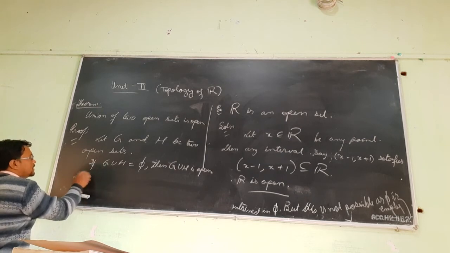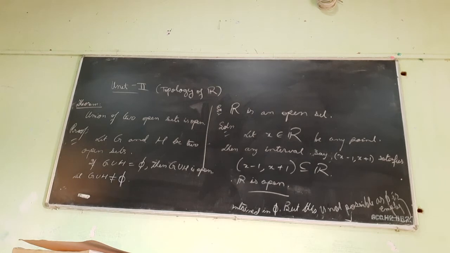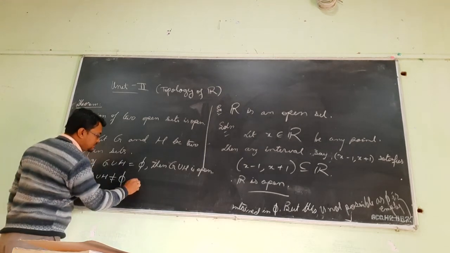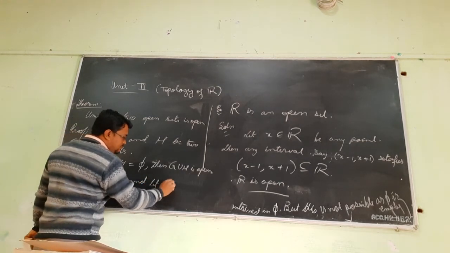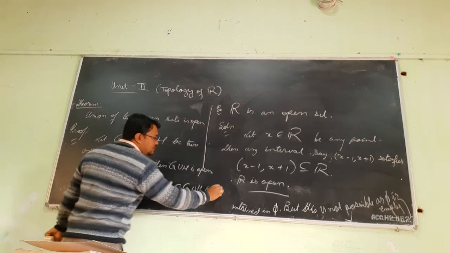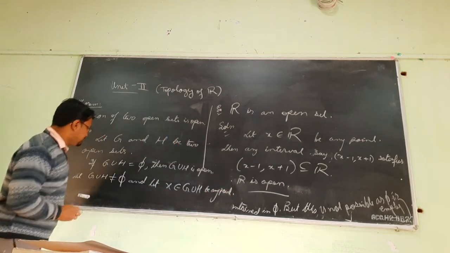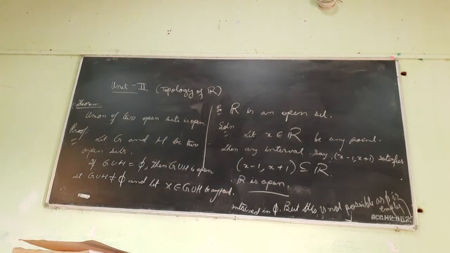So let G union H be non-empty, and let x belong to G union H be any point. What I have to show is that I have to find an open interval containing x which is a subset of G union H.